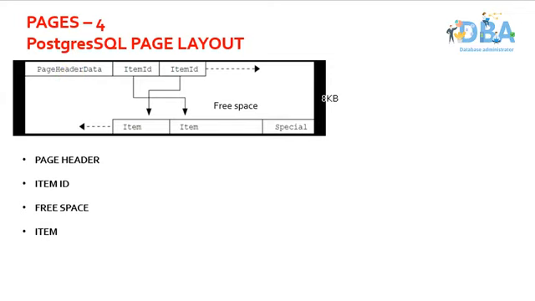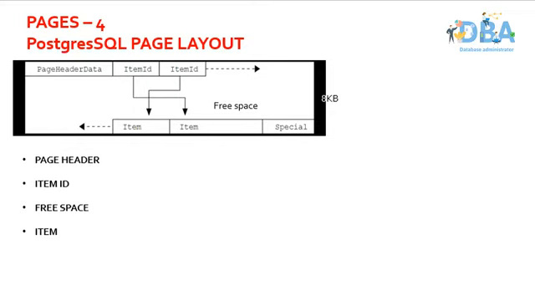Our next component is the item ID data, which gives the actual pointer to the tuple or a row. So it is basically a pointer pointing to the actual row where the actual data is present. And our next component is free space or unallocated space.